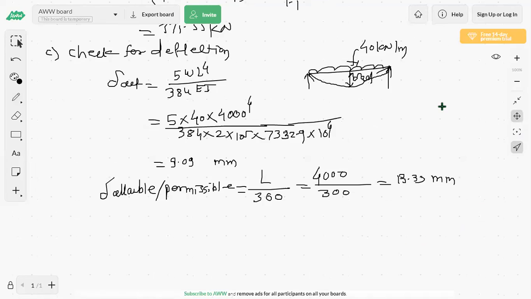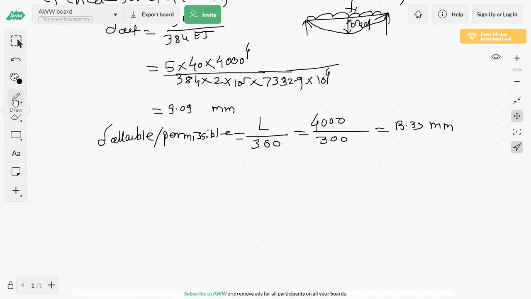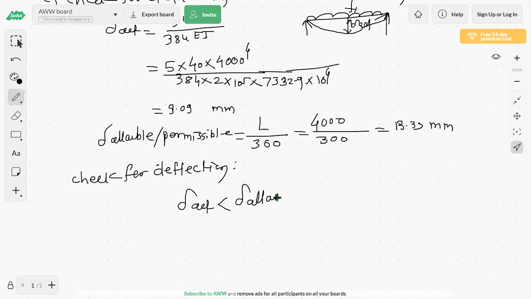So the check for deflection is: delta actual is less than delta allowable. Delta actual is 9.09 mm, which is less than delta allowable, 13.33 mm. So hence safe.